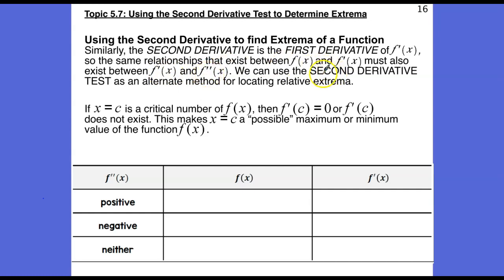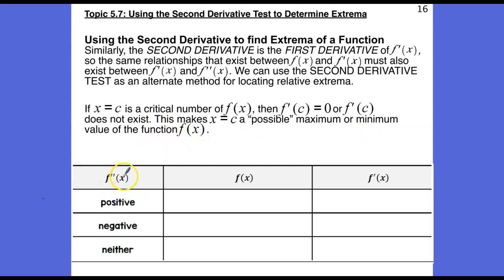So we can use the second derivative test as an alternate method for locating relative extrema. If x equals c is a critical number of f of x, then f prime of c equals 0, or f prime of c does not exist. This makes x equals c a possible maximum or minimum value of the function f.